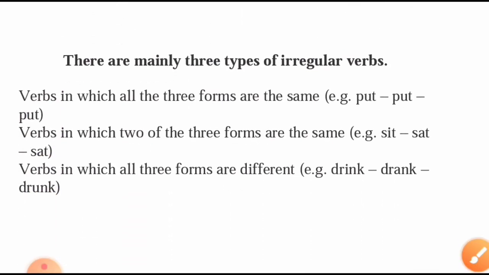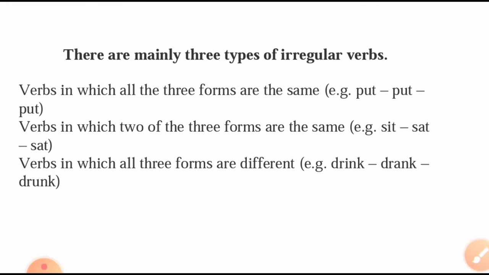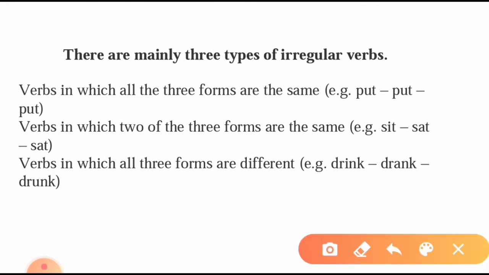Let's talk further. There are mainly three types of irregular verbs. First, verbs in which all three forms are the same, like put, put, put. Put is a verb whose second and third form are the same as the first.